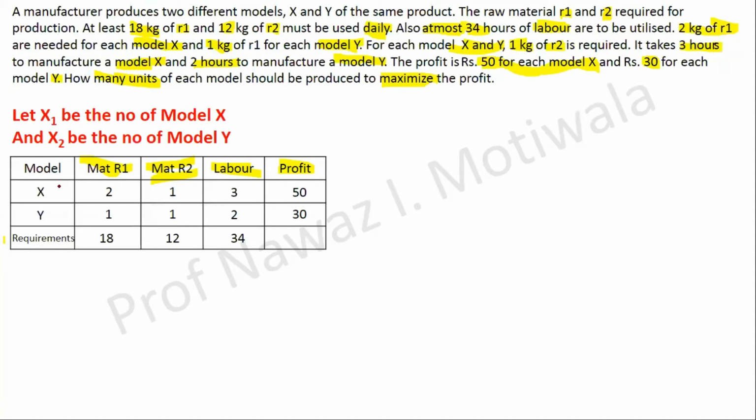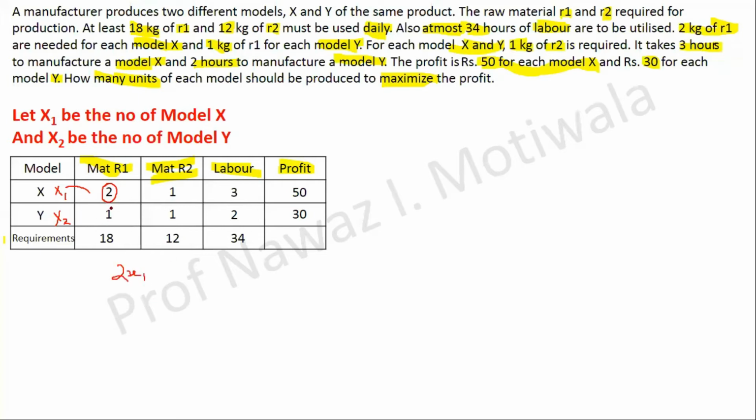Now as we have assumed that the number of models of X be X1 and the number of model Y be X2. So if material R1 is 2 kg per model, it will be 2 into X1 for the entire models. So my condition will be 2X1.